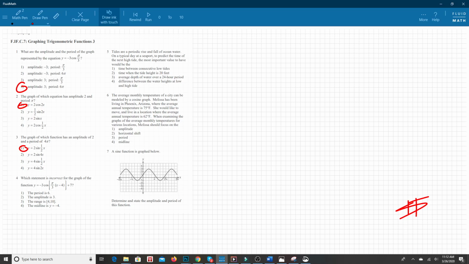Well, let's see. Keep in mind that the x minus 4 is a shift to the right.